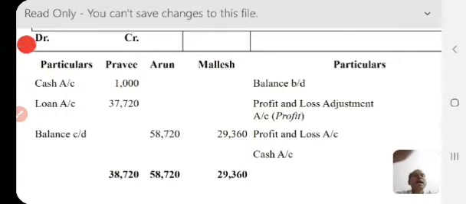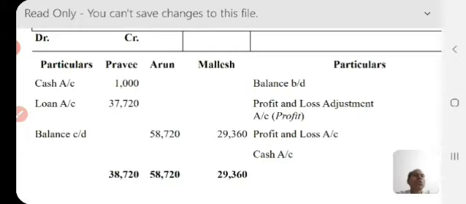And this side, cash paid to Praveen 1,000. The remaining balance is transferred to loan account of Praveen.